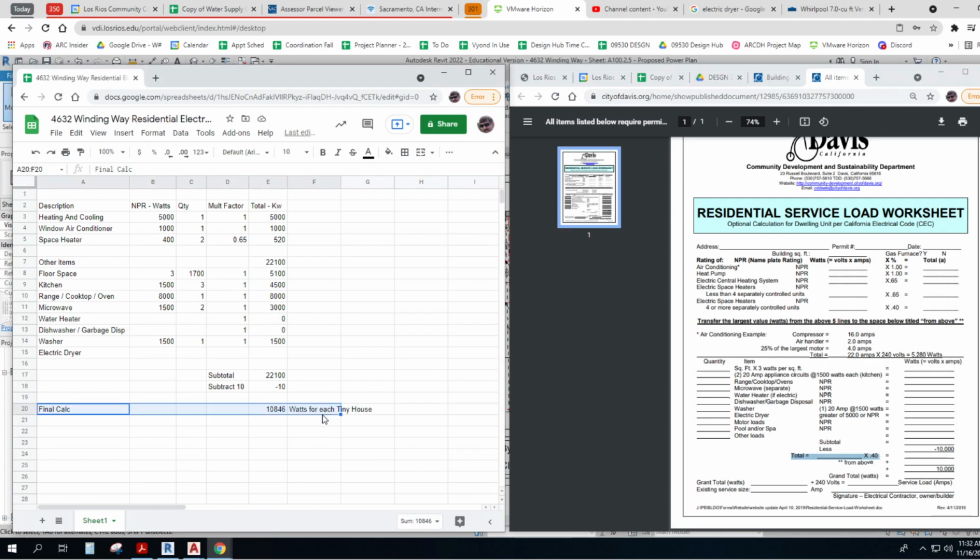I'm going to move these down here. So that's going to equal the total from above. That's this one times 0.4.